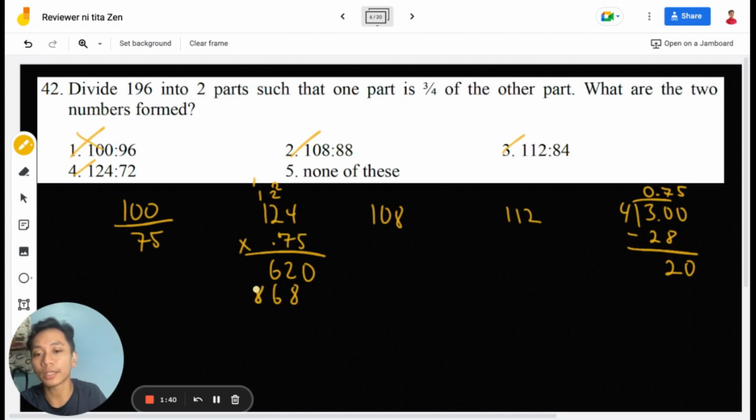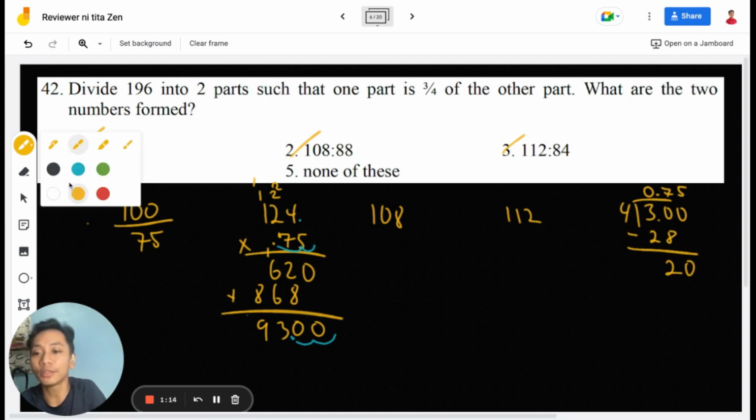This is 7 plus 1 is 8, 0, 0, this is 13, this is 9. 2 decimal places ang dapat i-consider. The 124, wala na, whole number yan. Apply natin sa factor. Notice, this is 93. So, ang 75% ng 124, yung 3/4 niya should be 93. And again, hindi siya yung hinahanap natin.